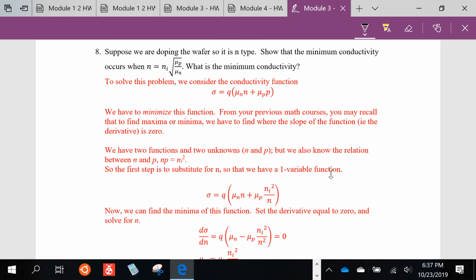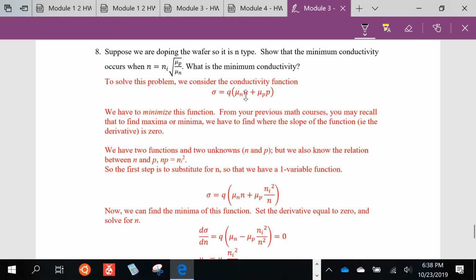I guess this problem was talking about the fact that when you dope silicon, you are changing the n and the p concentration both, right? So when you increase the electron concentration, the hole concentration goes down. So you're affecting both types of carriers. This is the equation for conductivity.